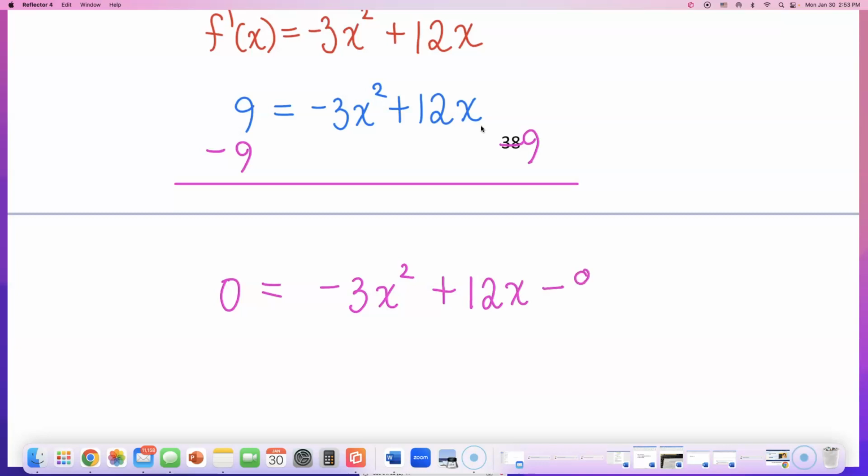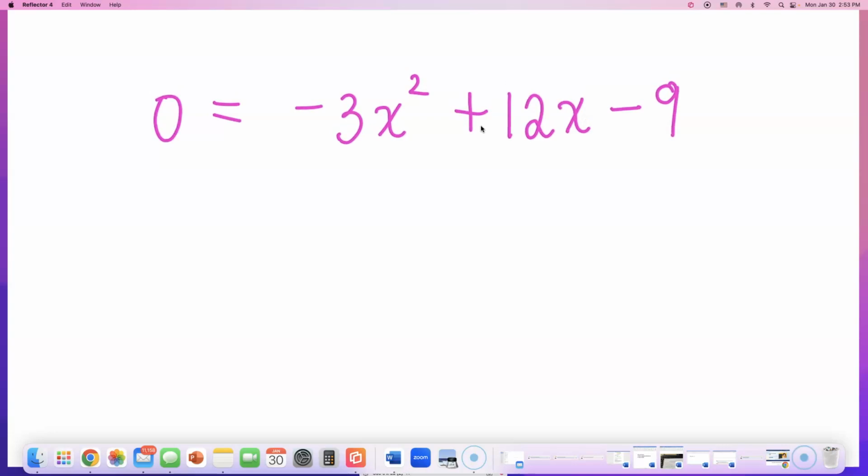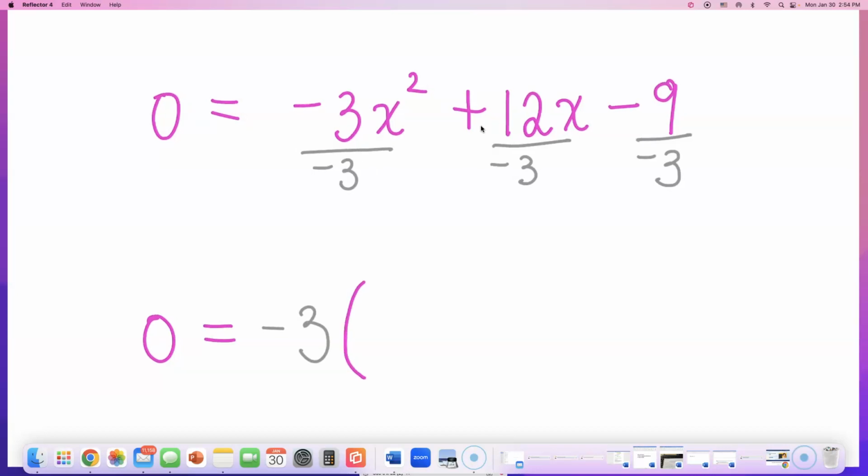Notice all of these are divisible by 3, right? 3, 12, and 9. So I'm going to take out the greatest common factor of negative 3. Or, you know, we can just divide by negative 3, really. But I'll keep it in the equivalent form. So I'll say 0 equals, I'll pull out that negative 3 to the front.